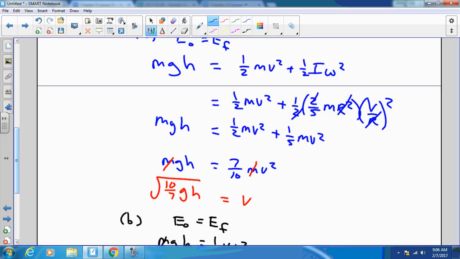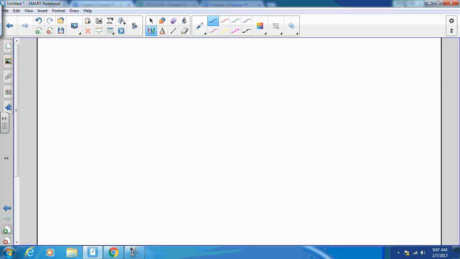In the case of rolling without slipping, we distribute that energy partly to translation and partly to rotation, and we do it in a 5-to-2 proportion. But when we slide without rolling, we distribute all of that energy into translation, hence our speed can be greater. So this now gives us some insight to answer some interesting questions.